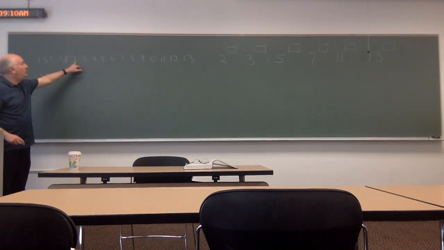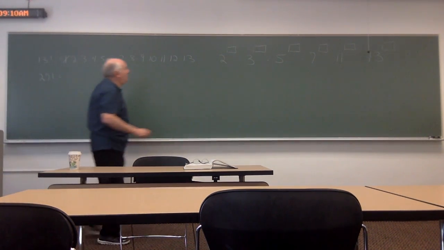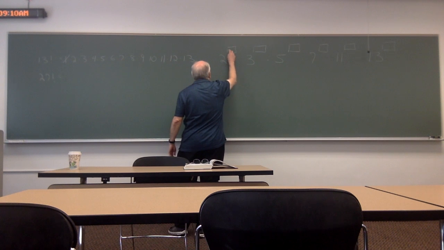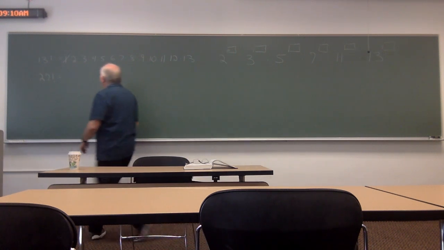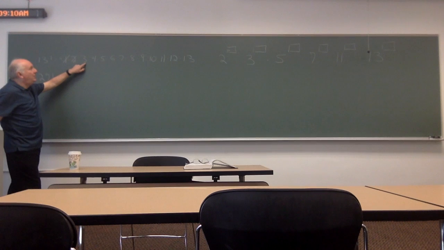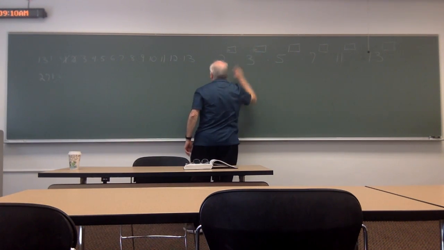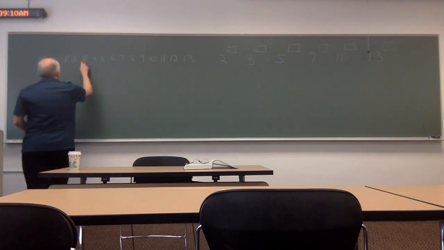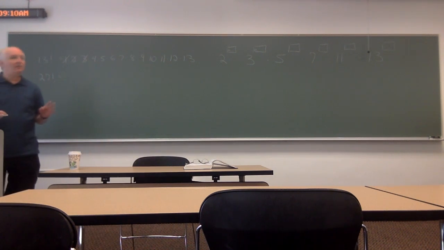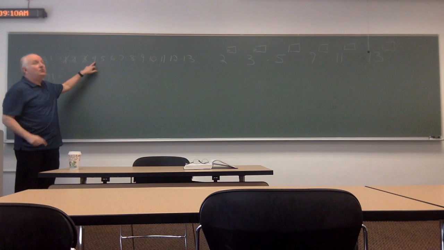2 is 2 to the first, so this contributes a 1 over here. 3 contributes a 1 over here. The factorization of 4 is 2 squared.